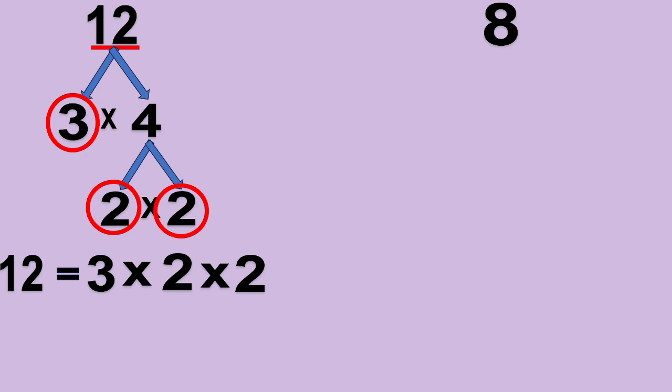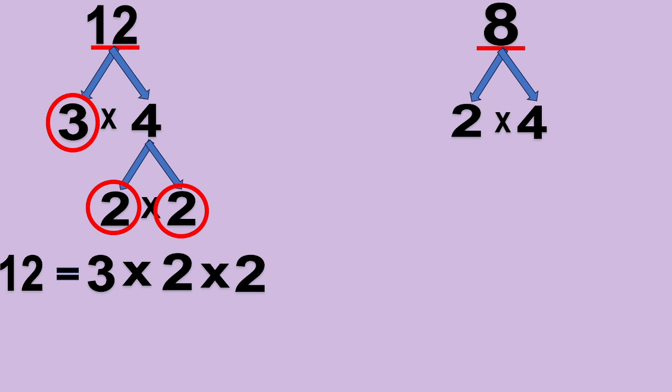Next, let us find the prime factors of 8. Think of the two numbers that when we multiply, the product is 8. We have 2 and 4. 2 is a prime number and 4 is a composite number.